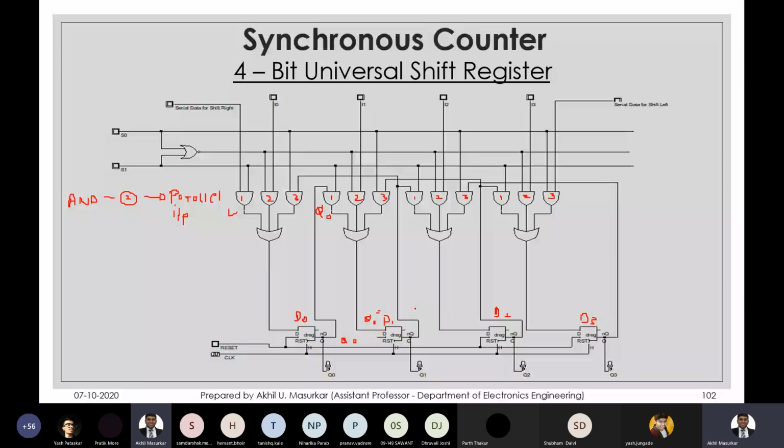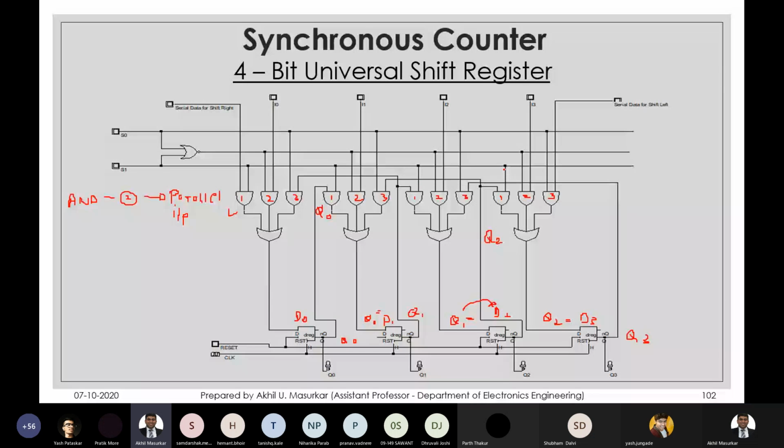Similarly, here we have Q1. Q1 can flow through this and come here, and that will become D2. And similarly, here we can get Q2. Q2 can flow through this, and that will be equal to D3. And finally, here we have Q3. So Q3 can go back if you want, and can be used in rotate kind of operations.